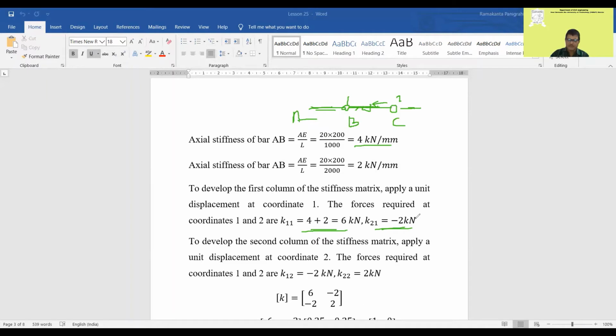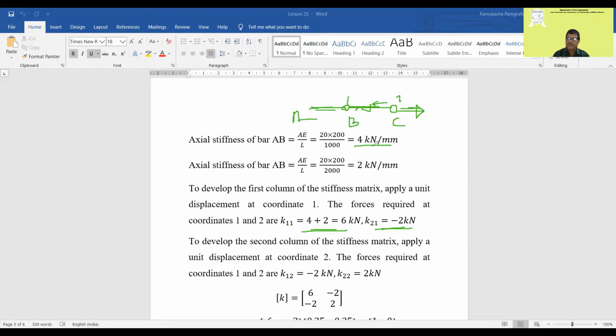Similarly, if you apply a unit displacement at 2, what will develop at B is only due to BC, so that will again be minus 2, and what will develop at C is only 2. Okay, it is just like a spring.